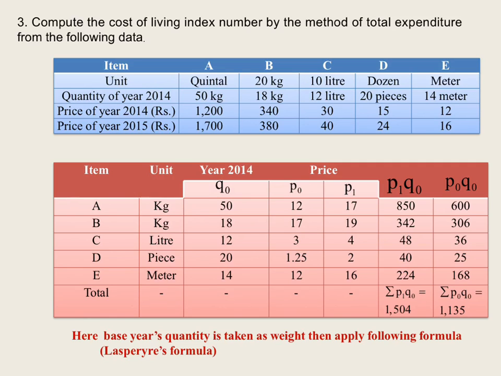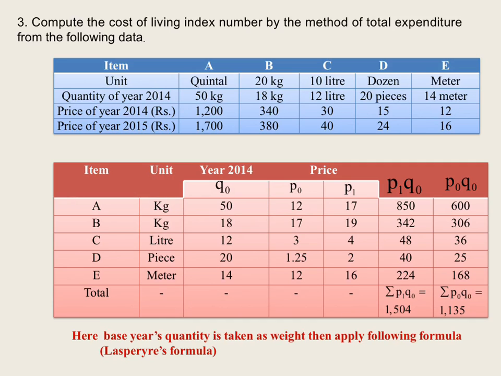Price per quintal is given, but we have to convert this price into per kg. 1200 per quintal, if we convert it into kg, is 12 rupees, and for 2015 it is 17 rupees. 1200 divided by 100, because 1 quintal is equal to 100 kg, and 1700 divided by 100. So 12 and 17 are P0 and P1.